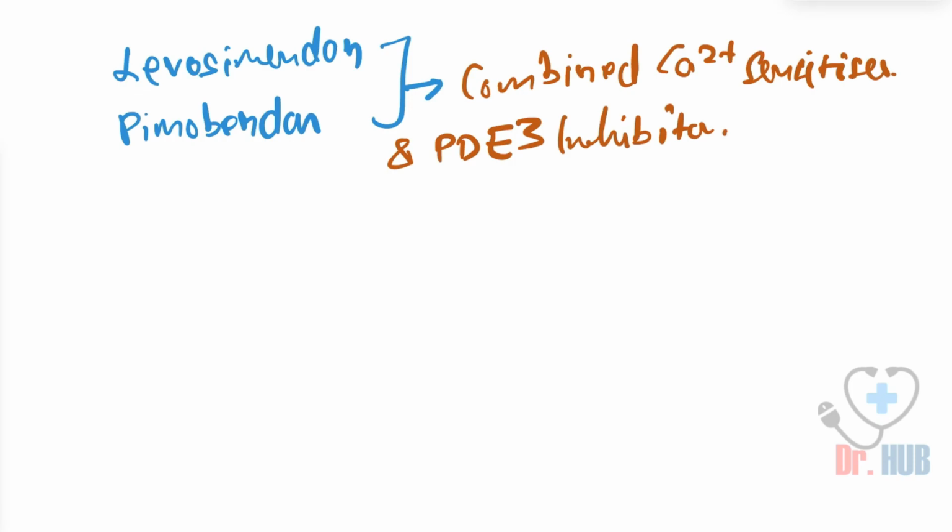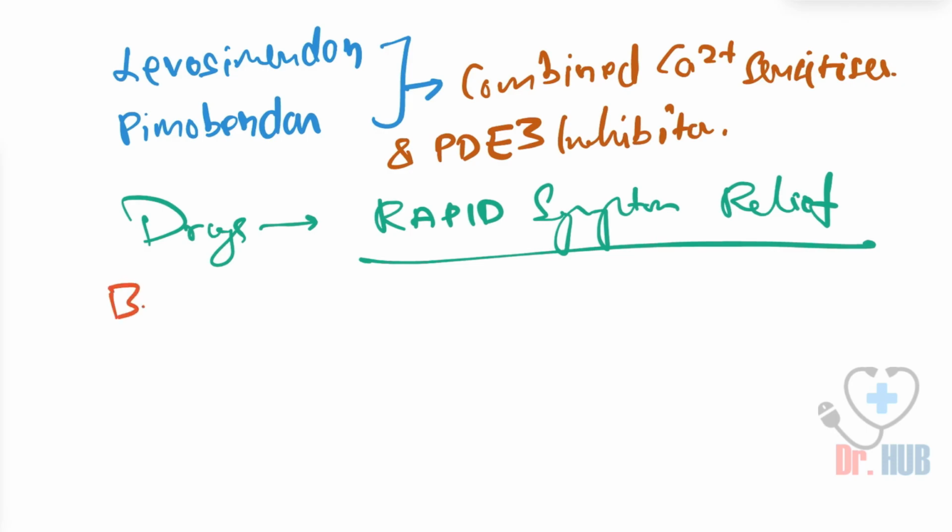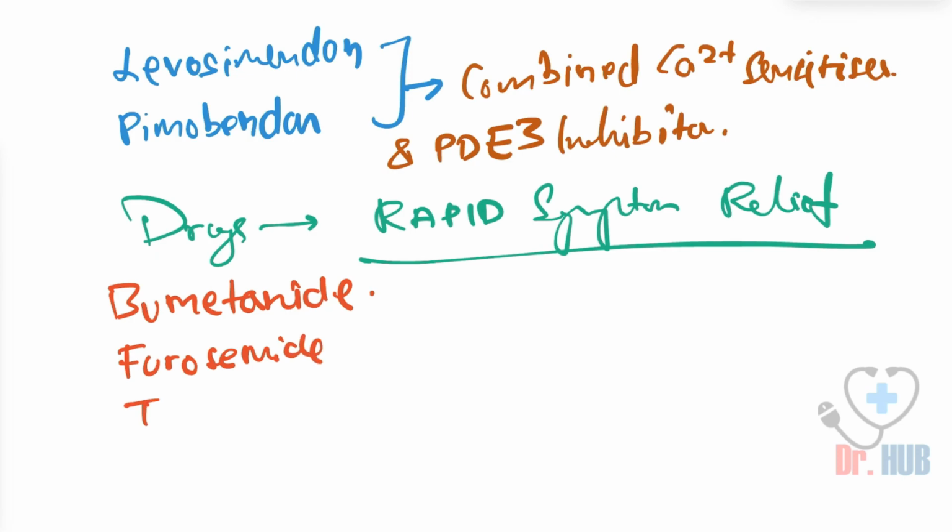Then we move on to the next class, drugs which are used in rapid symptom relief. Here we have bumetanide, furosemide, and also torsemide.